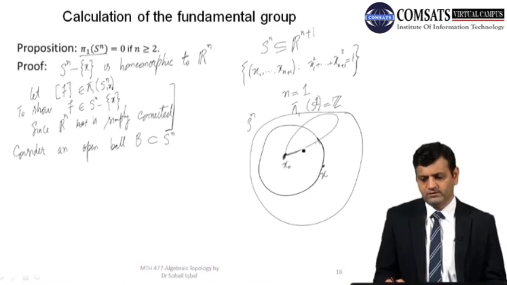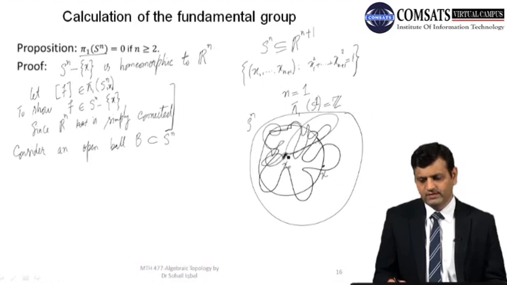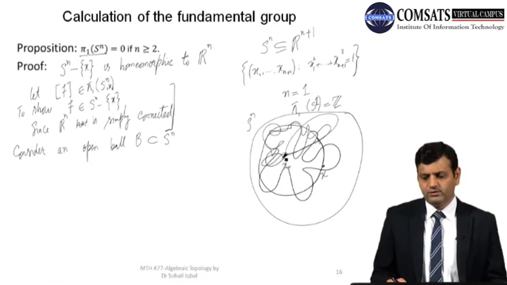For example, it can start from here and go like this and this, and it can enter this ball many times, and then still end at this point x0. So what we are going to do is find another function g which is homotopic to this function f, and that function g does not pass through this point x.